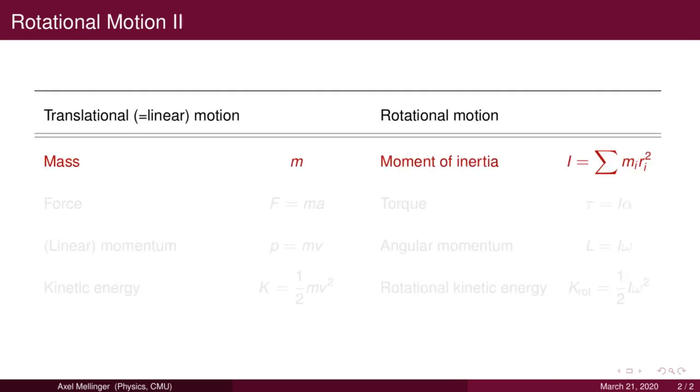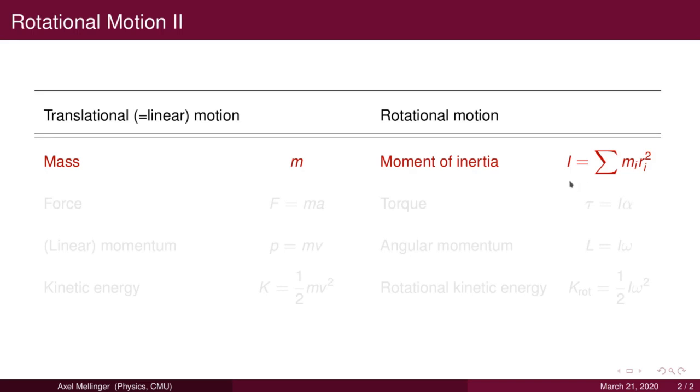What about dynamical quantities, such as mass? Well, it turns out mass is also important for rotational motion, but it's not just the mass itself that counts, but it also matters where the mass is located relative to the center of rotation, as we shall see in our experiment.